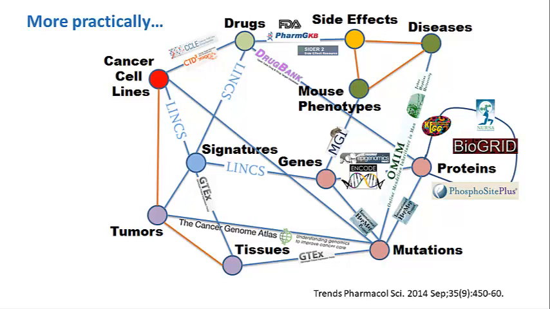This is done with CCLE and CTD squared, which are two NIH projects that have a massive list of cell lines. CCLE has over 1,000 cancer cell lines, and they treat those cell lines with many drugs and then have viability data. So now you can also go from the drugs directly to the tumors, because you have that relationship.